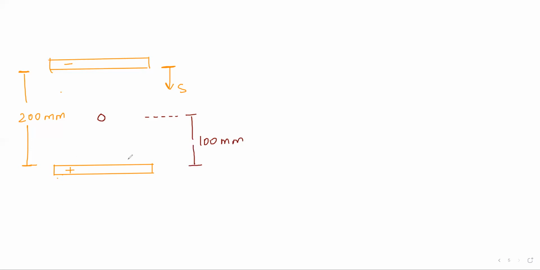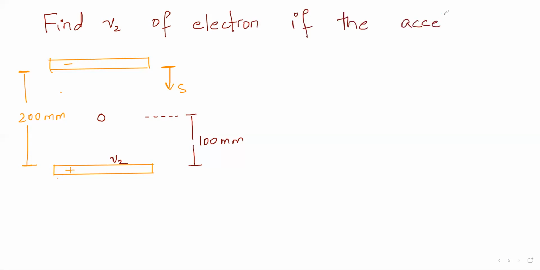The question says that you have to find the V2. I have put S from here. The question says, find V2 of the electron if the acceleration is 4S.